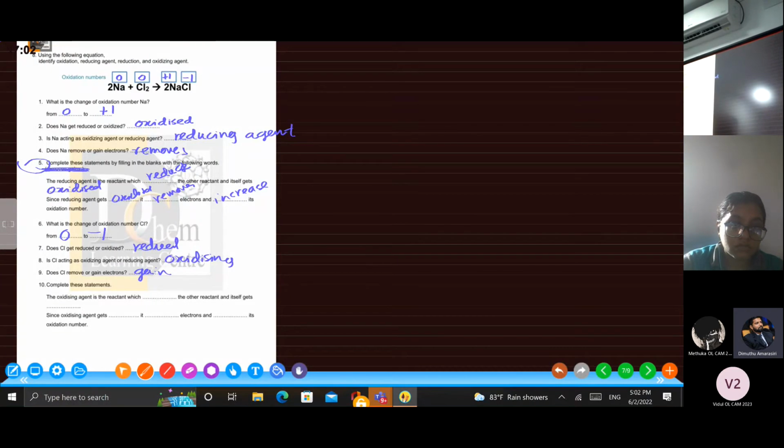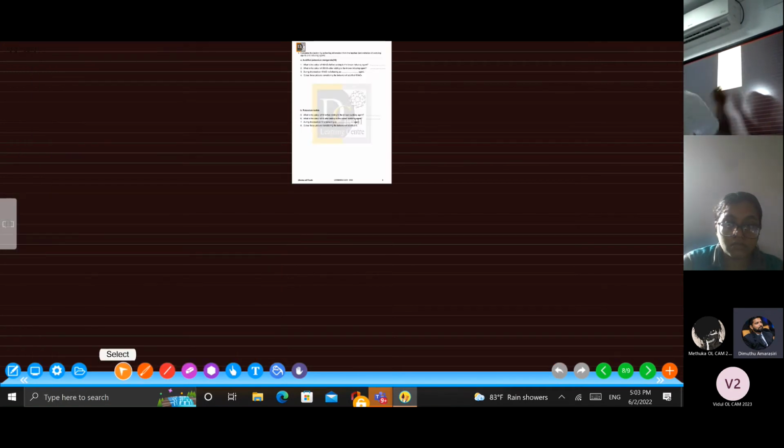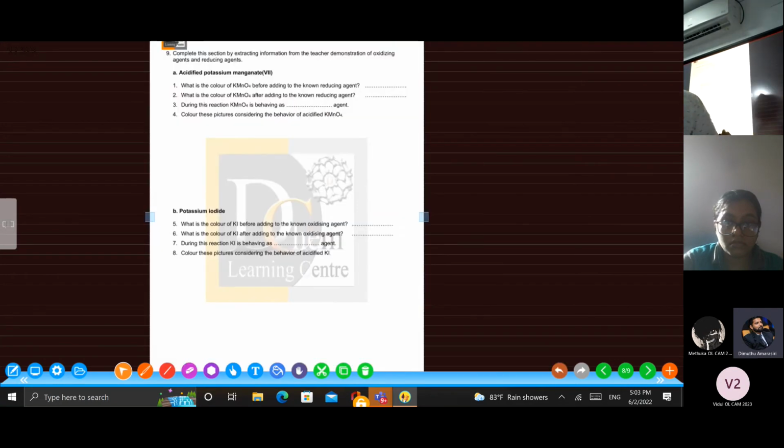Therefore, you can say an oxidizing agent is a reactant which oxidizes the other reactant and itself gets reduced. Since the oxidizing agent gets reduced, it gains electrons. Decrease, or reduce; decrease is better. Nice, very nice. Decrease its oxidation number.